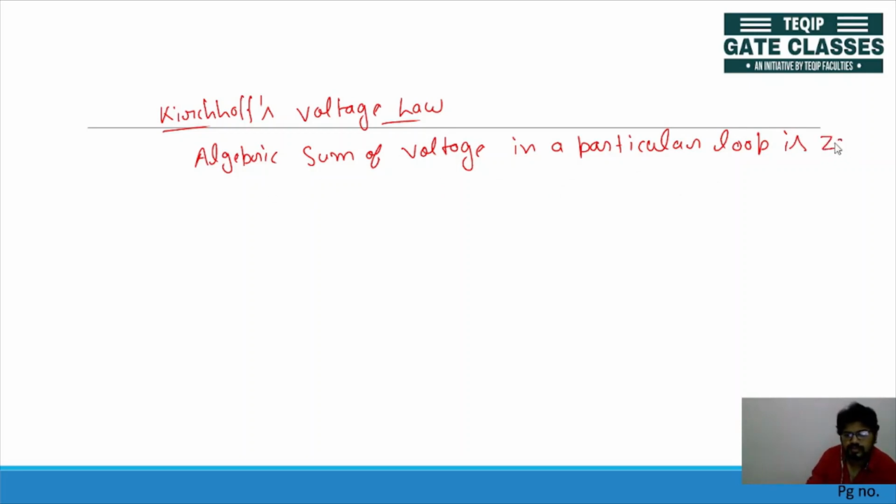That means the sum from n equal to 1 to m of Vn is equal to 0, where m is the number of branches, or number of voltages, in a loop.